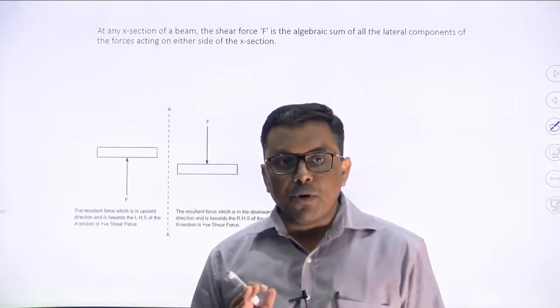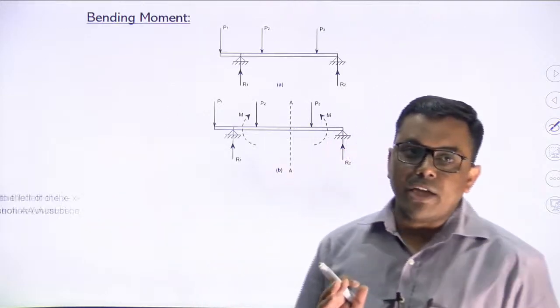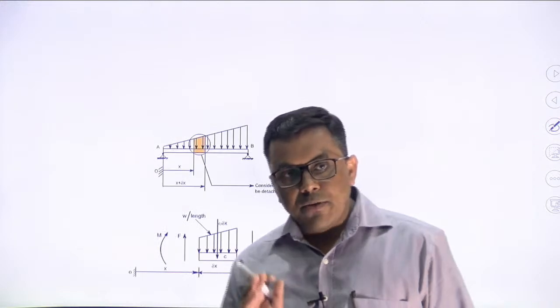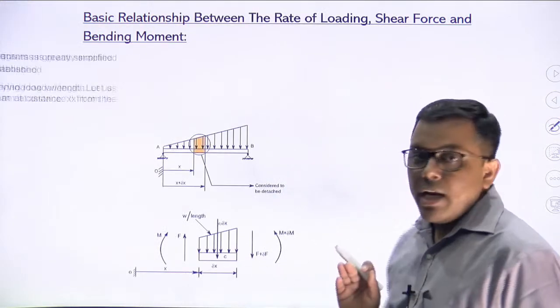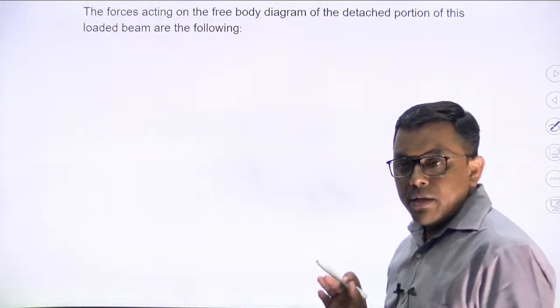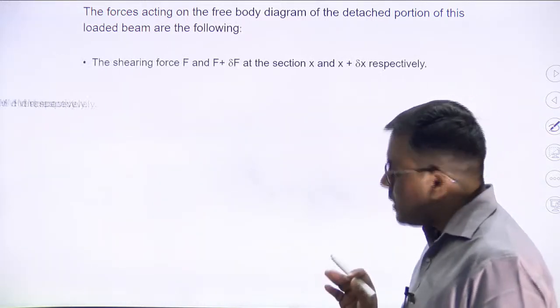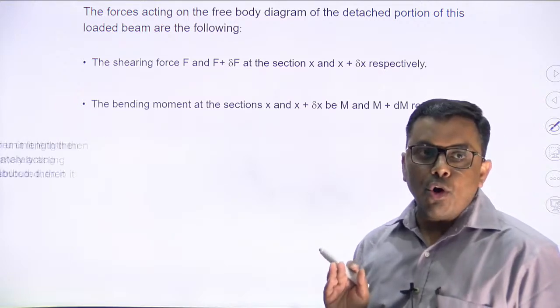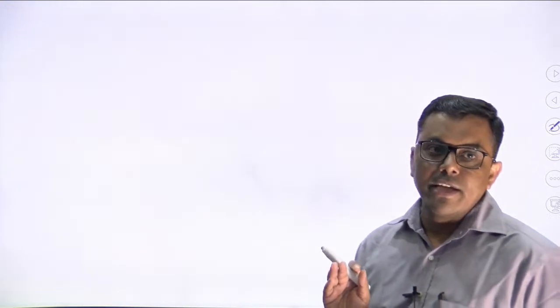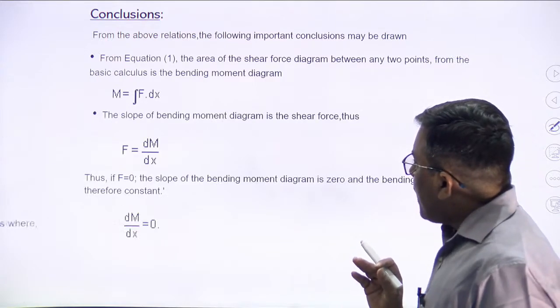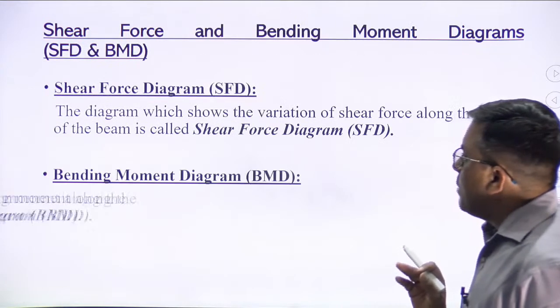What the shape of the shear force and bending moment diagram will be is also known to you: in which case it will be a constant line, in which case an inclined line, in which case a quadratic or parabolic curve, and in which case a cubic curve. I have covered all these things, so I am directly coming to the question solving part.